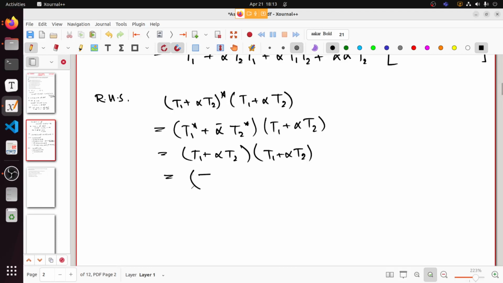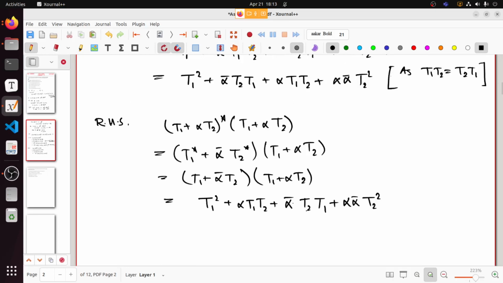And now if you apply the composition, it will be T1 square plus alpha T1 T2 plus alpha bar T2 T1 plus alpha bar T2 square, right? Now suppose I call this one and this two. You can see that one and two are same, right?